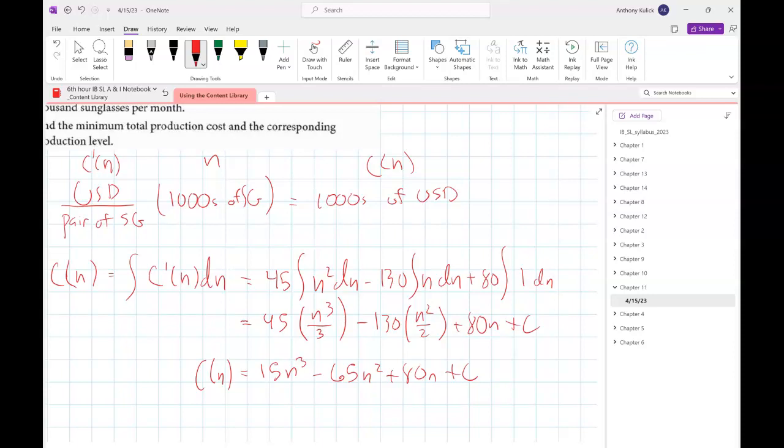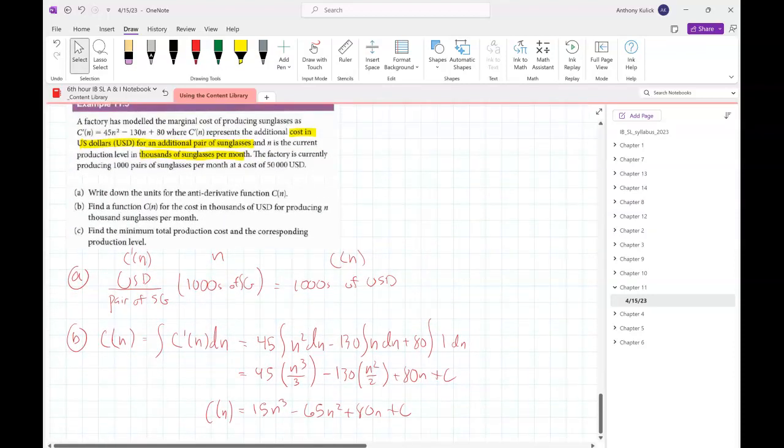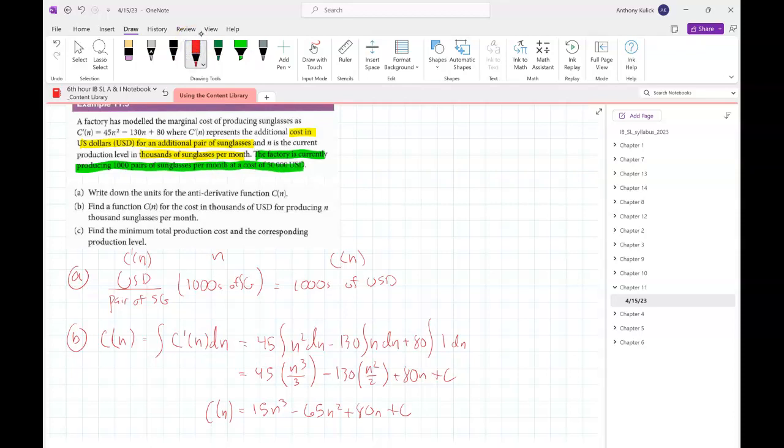So that's my general function. Now, what is that telling me?